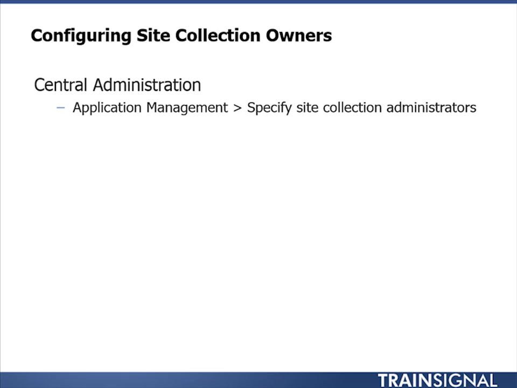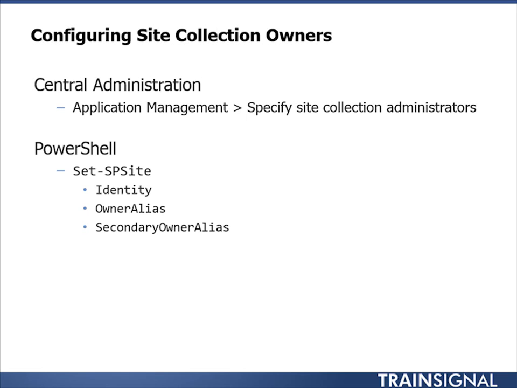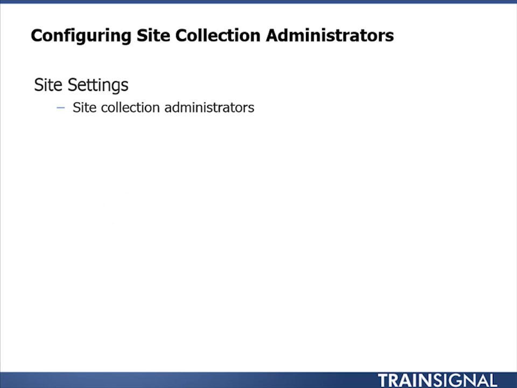I know that the link says Site Collection Administrators because they are Site Collection Administrators after all, but you really are truly creating owners. If I want to do this through PowerShell, then I'm going to call Set-SPSite, specify the identity, and then set the OwnerAlias and the SecondaryOwnerAlias to be whatever I might need.